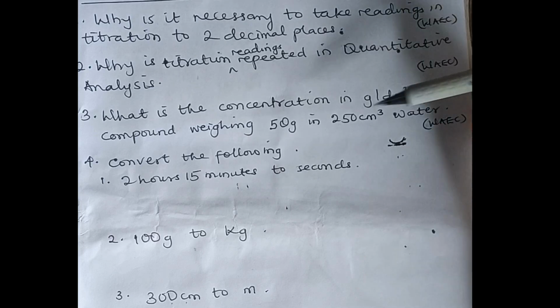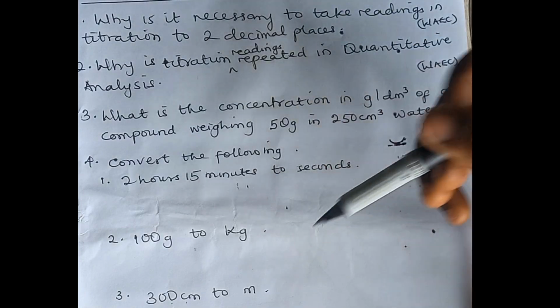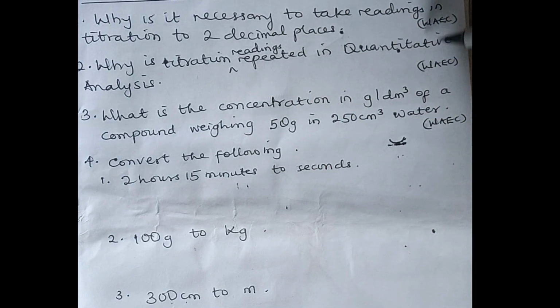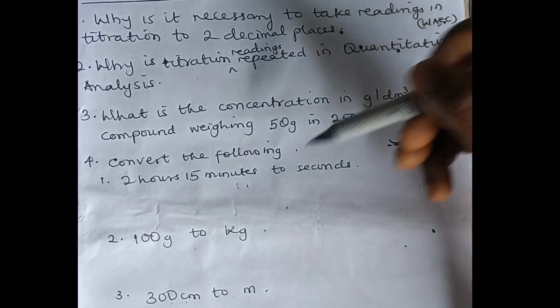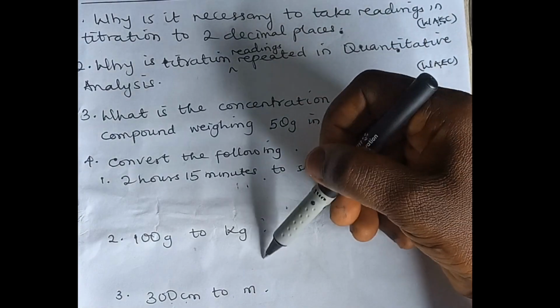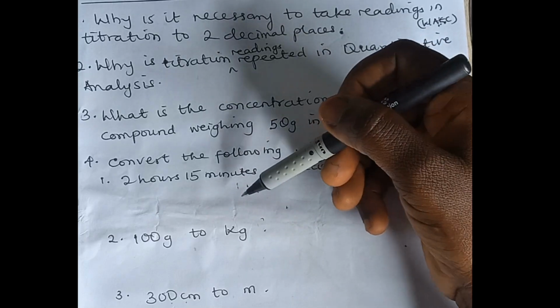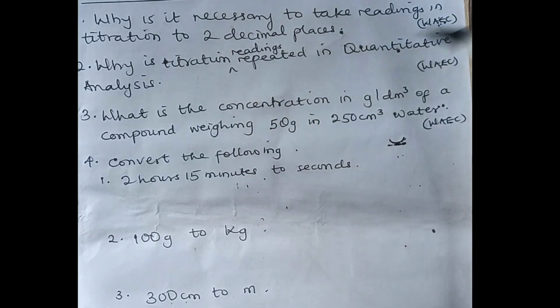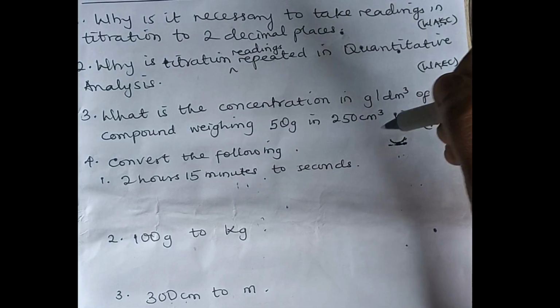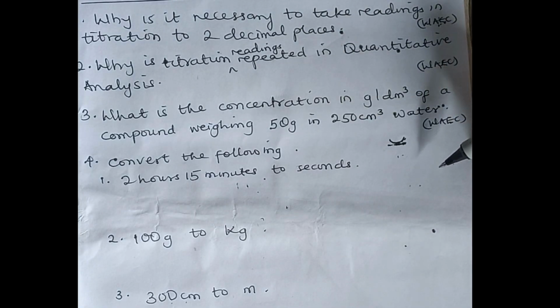And lastly, we are to convert the following. These are WAEC questions under practicals, and you can't do without this under titration calculation, but you also come across it in day-to-day calculations in other aspects of chemistry. I'll give you time to solve these questions, after which we'll solve them together.